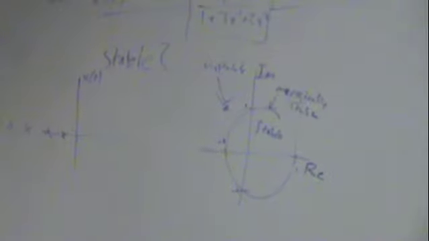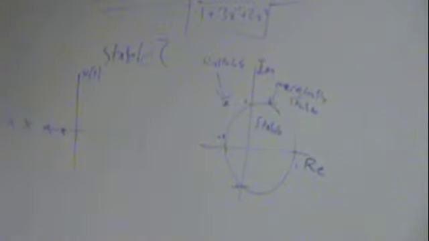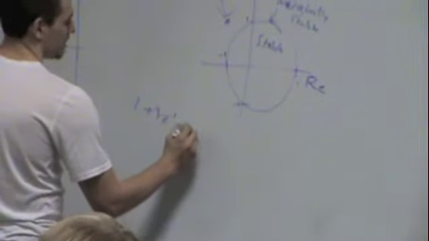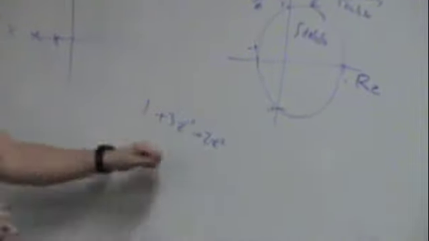Anyway, all we have to do is find the poles of this transfer function, which are really difficult to find, right? You just take 1 plus 3z^-1 plus 2z^-2, and you can take the characteristic equation, which is easier to work with, but I'm just going to pretend it's the characteristic equation.